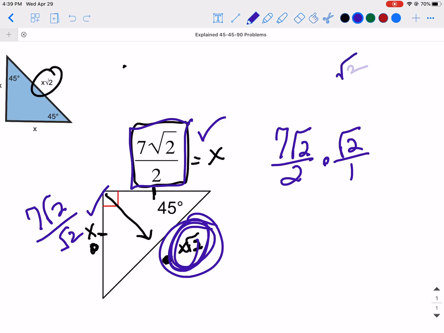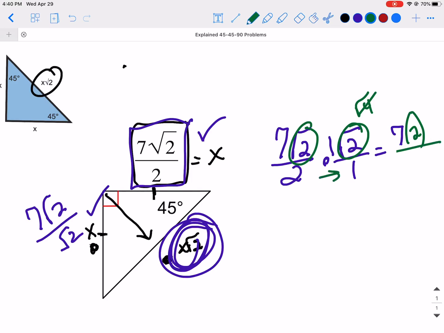So let's multiply. Going straight across. There's an outside number 1 here, so I get 7, the square root of 2 times the square root of 2 is the square root of 4, which reduces to 2. And I'll come back to that. Let me do the denominator. 2 times 1 is 2.